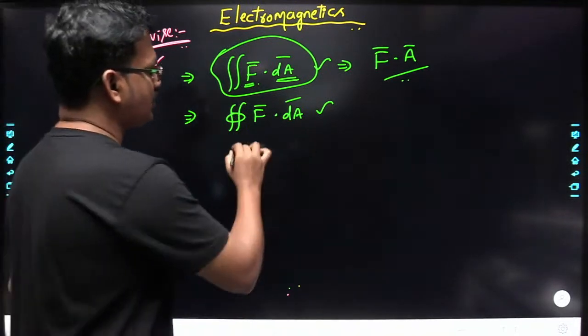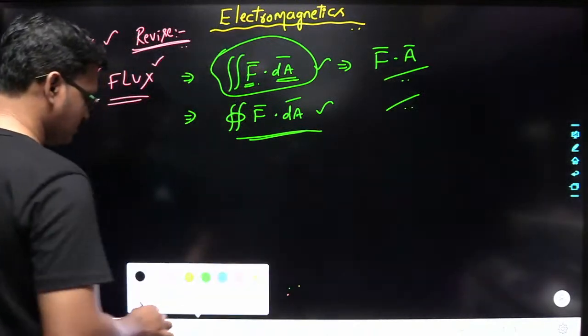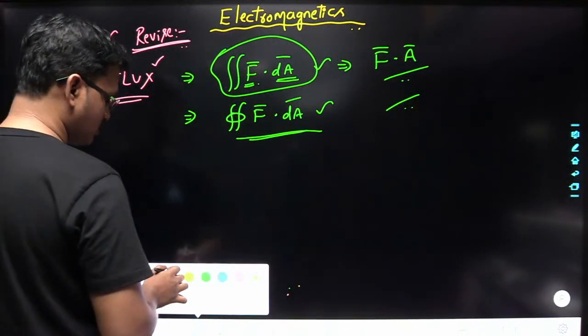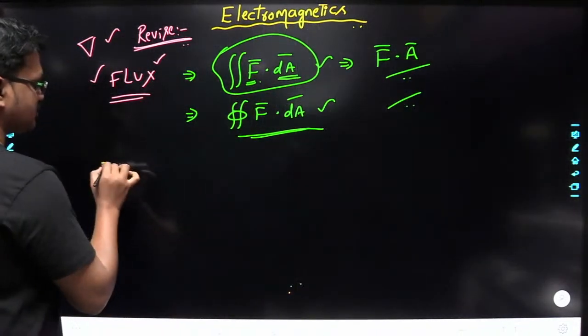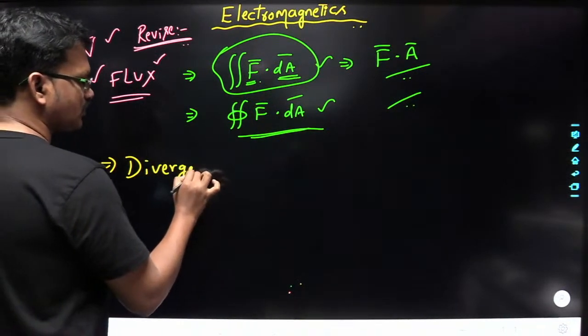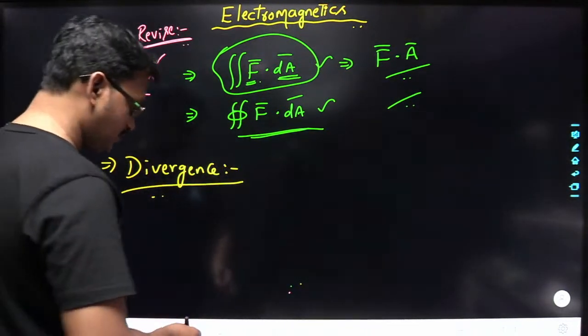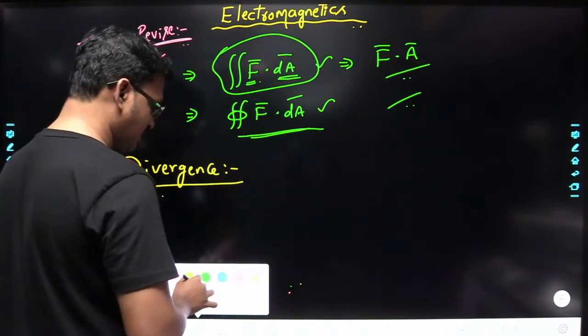Once we completed flux, we started studying divergence. What is the physical interpretation of divergence?